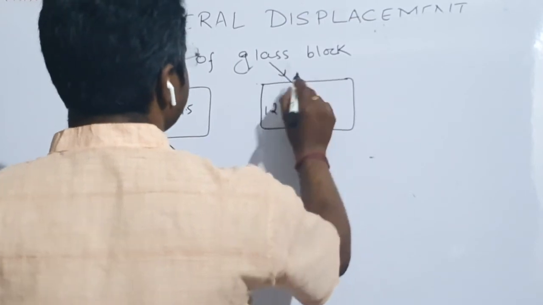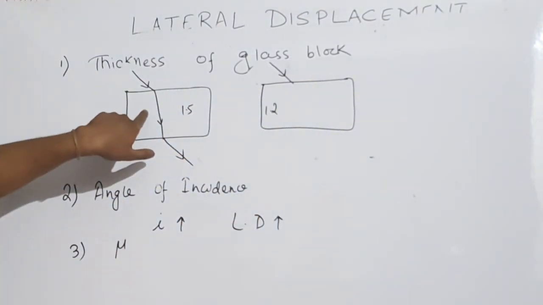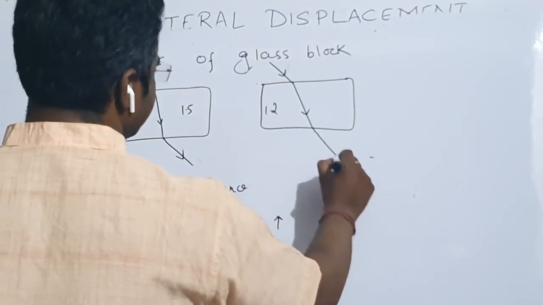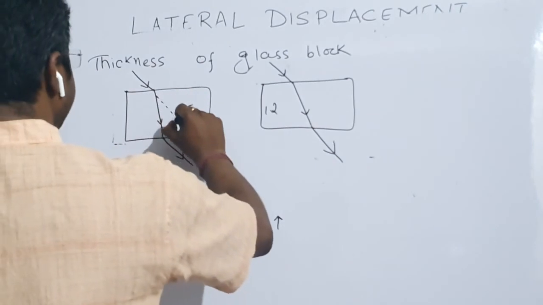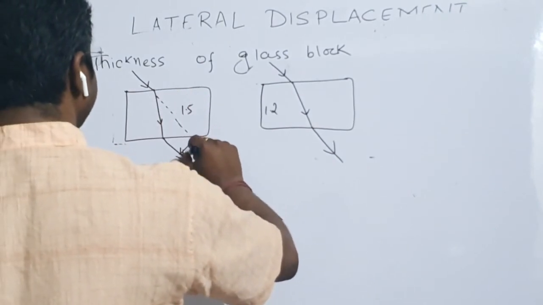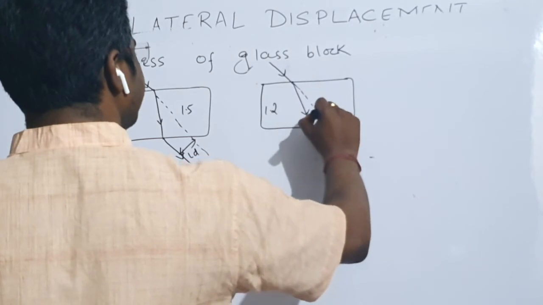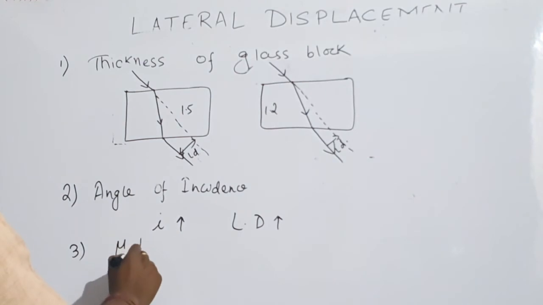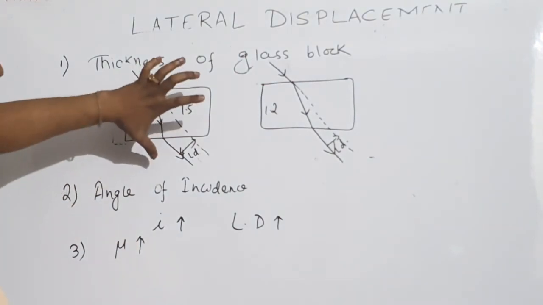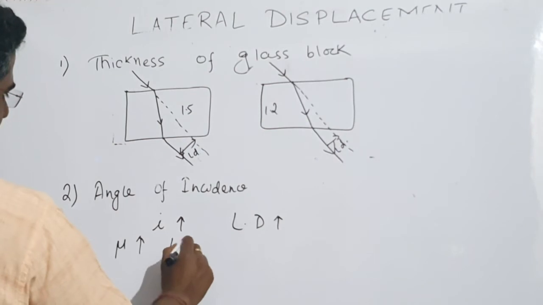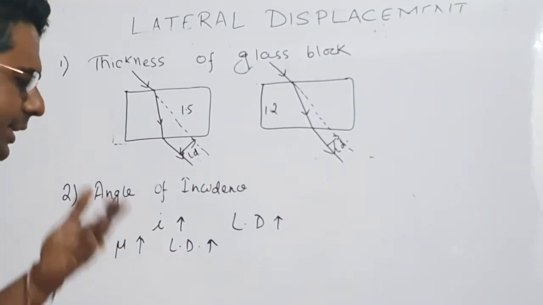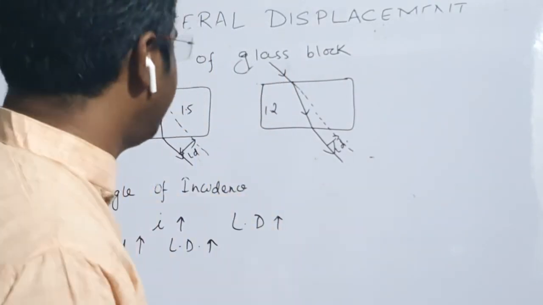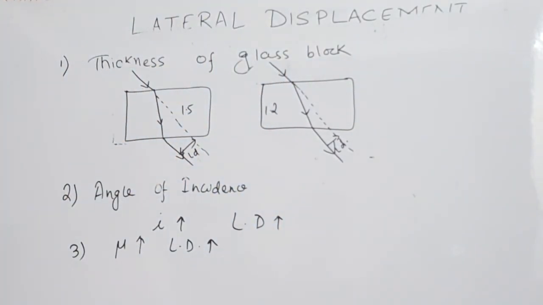That means this is not going to bend that much as this has done. So this will be a little bit like this. So this will be LD. If I do this one, this will be LD. So what can I see over here? As refractive index increases, the lateral displacement is getting increased. Because as refractive index increases, the bending towards normal is also more, and hence the lateral displacement will increase.